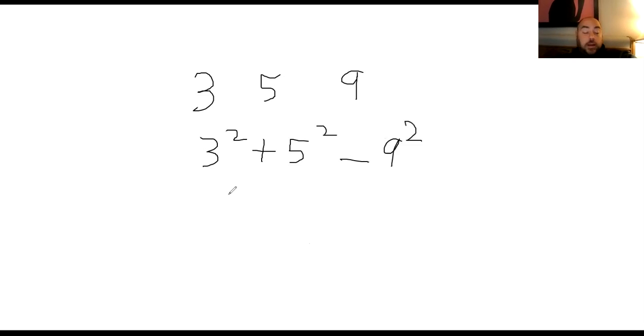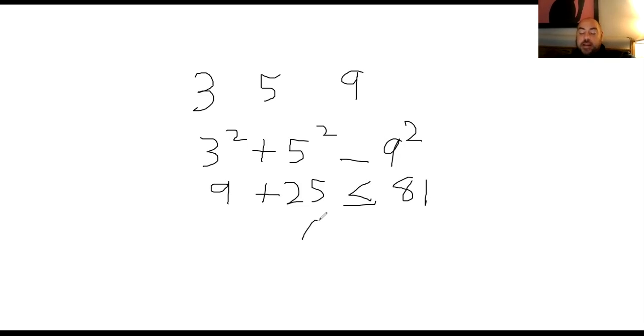So this would end up being 9 plus 25 and seeing how that relates to 81. So notice here that 9 plus 25 is less than 81. So we actually can use that information.